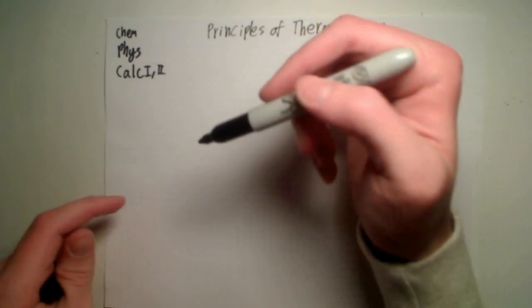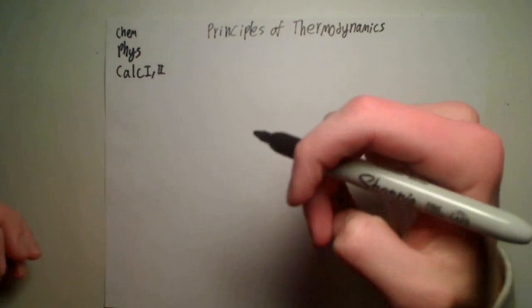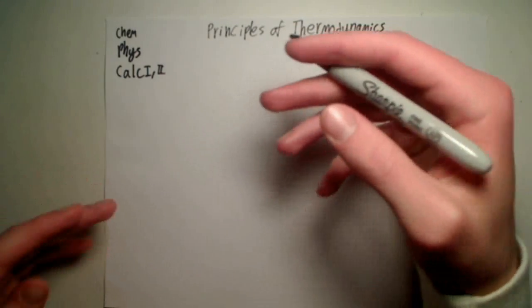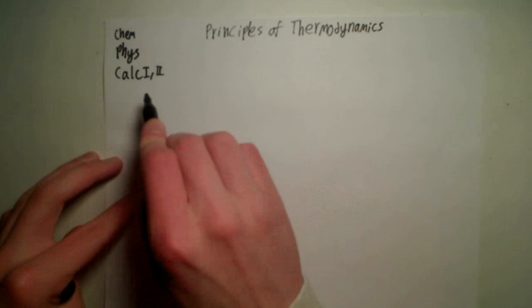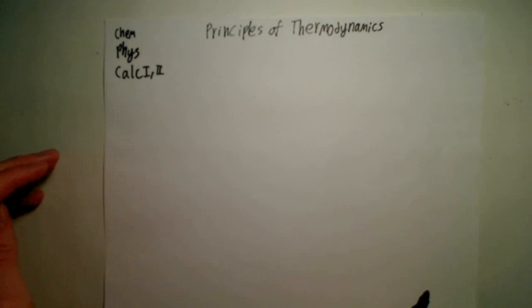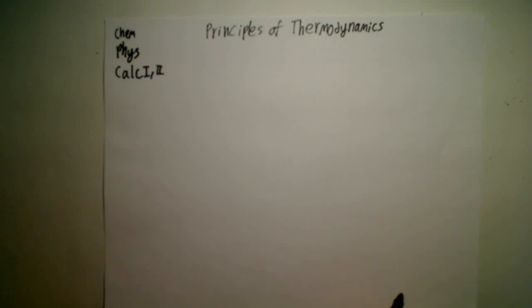Physics, because we will be working with work and energy, and you should have some idea of what that is. And then calculus 1 and especially calculus 2, because I'm going to present you a few formulas later on that knowing what an integral is or why I would take area under a curve would be rather important to understand.